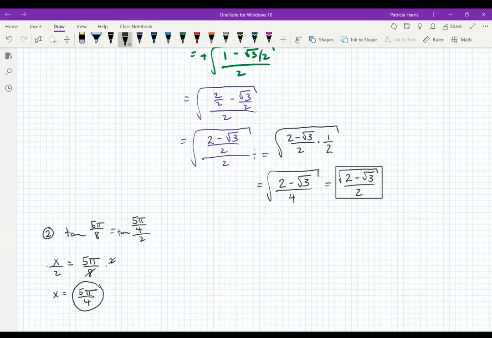Okay, now since this is tangent, you do have a choice in the matter. You also don't have to decide on your sign. Okay, so it just kind of depends on what you want to use. So I'm going to go for the cosine one on the top. Okay, let's see here. So I have 1 minus, okay, cosine of 5 pi over 4.